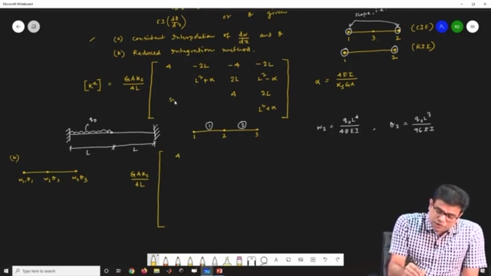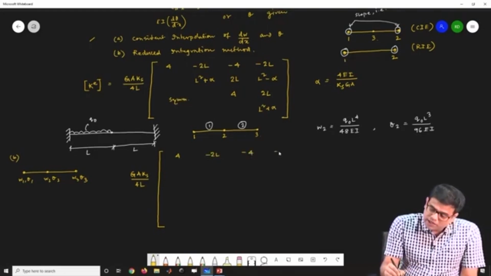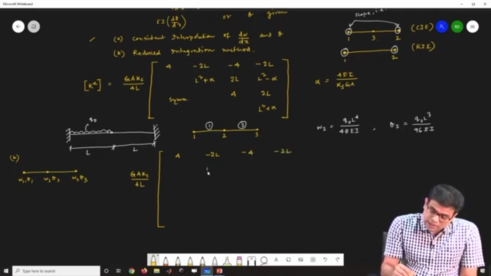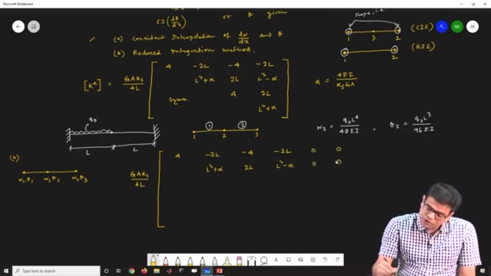So this is symmetric. So 4, minus 2L, minus 4, minus 2L, that is L square plus alpha, this will be 2L, then L square minus alpha, then this will be 0, 0 and this will also be 0, 0.